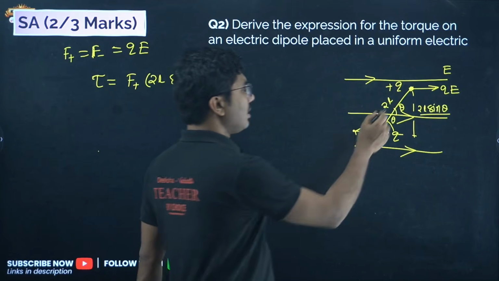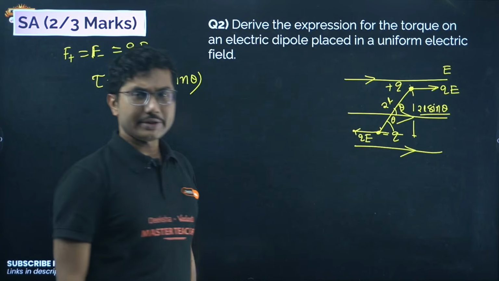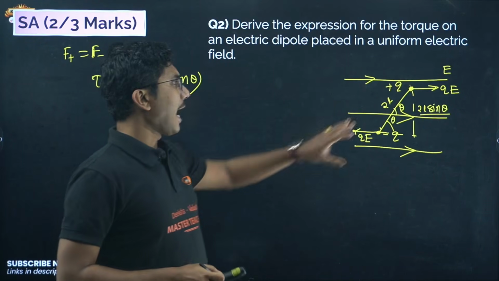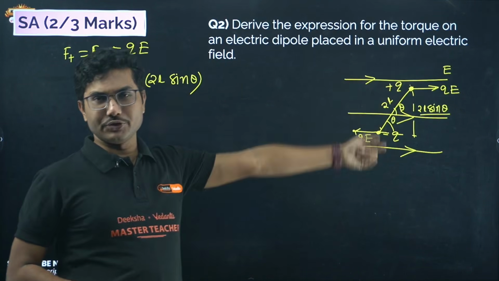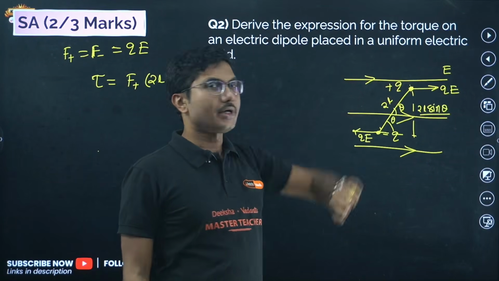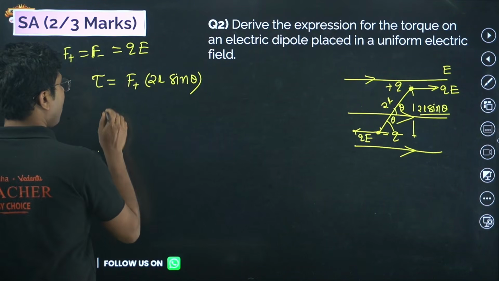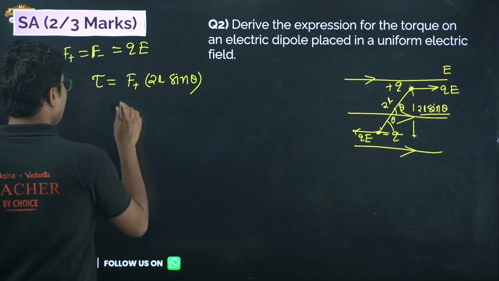Okay, not this distance but the perpendicular distance between the forces. Torque is always defined by two parallel forces acting on the same object but at different positions, then magnitude of any one of the forces times the distance between the forces gives the torque. That is the definition. Torque is sometimes also called couple, right?